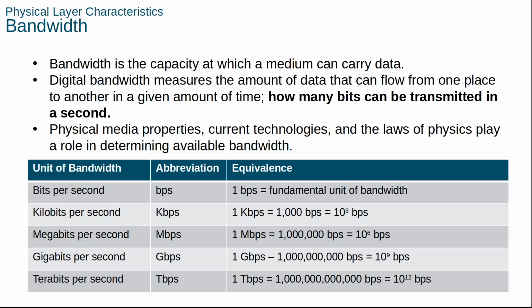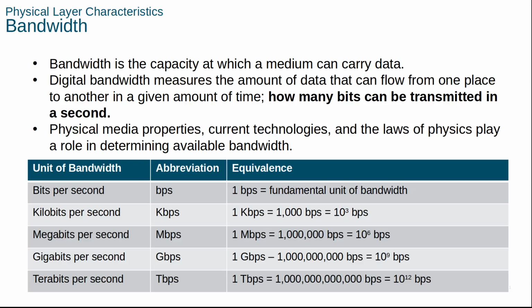When we're dealing with sending data out over a connection, we're usually talking about bandwidth. Bandwidth is the capacity at which a medium can carry the data. Digital bandwidth measures the amount of data that can flow from one place to another over a time. So how many bits per second? Physical media properties, technologies, and laws of physics all play a role in determining what the possible bandwidth is.